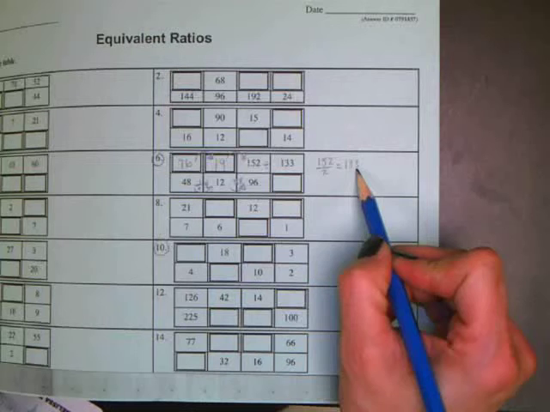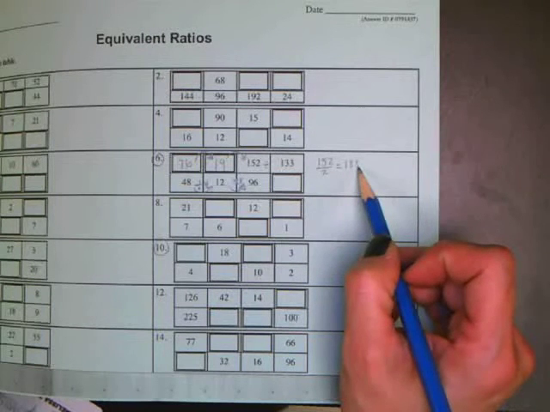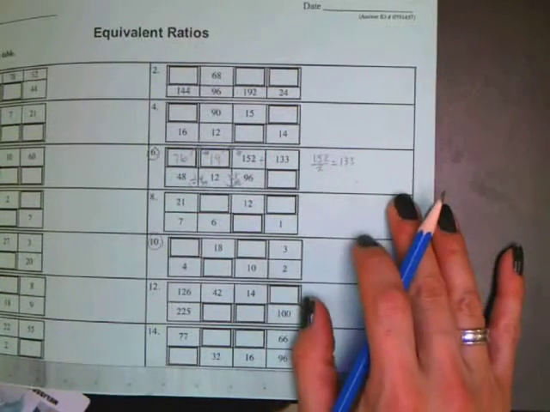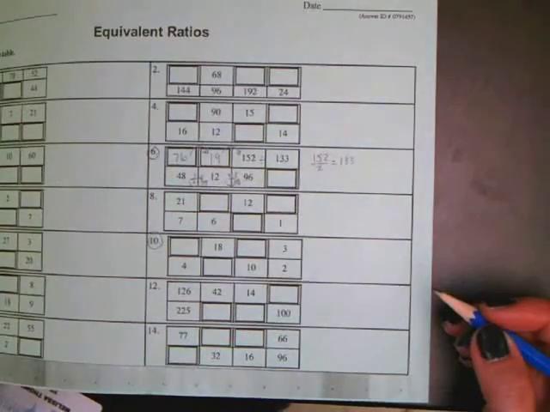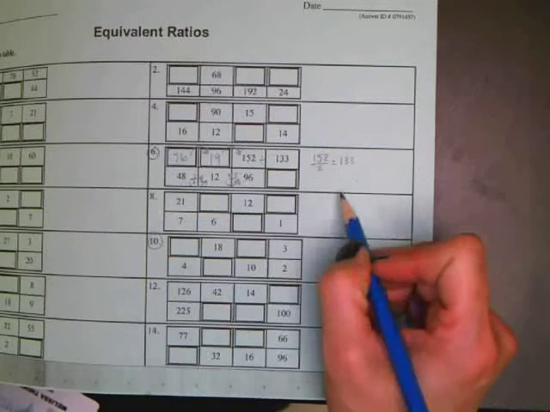If I multiply by 1, that gives me 133. If I multiply by 2, that's 266. That's too much. So I'm looking for a number somewhere in between. How can I figure this out easily?